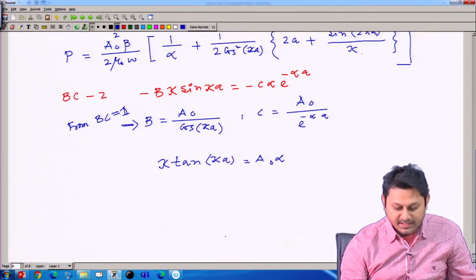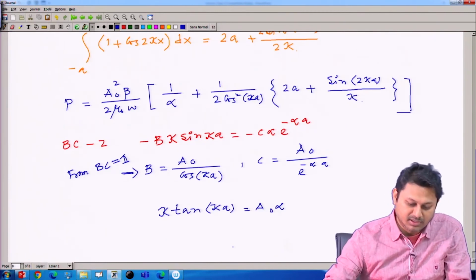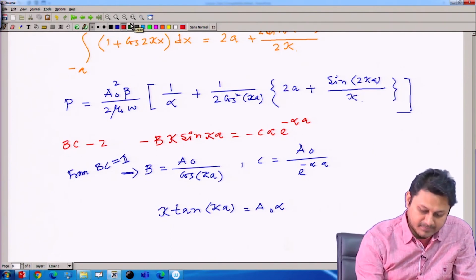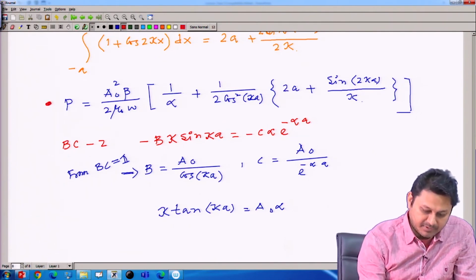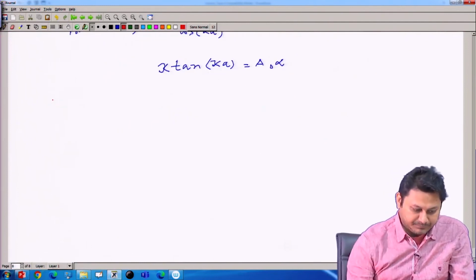So, once we have this additional condition, I can make use of that in this equation, and may have some simplified form. So, let us find out.